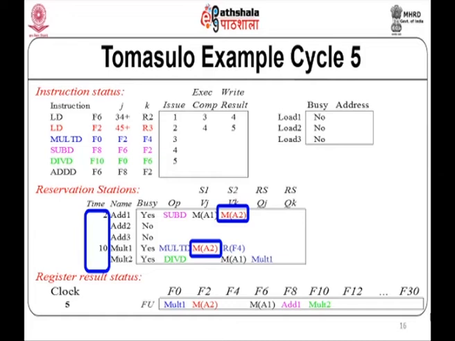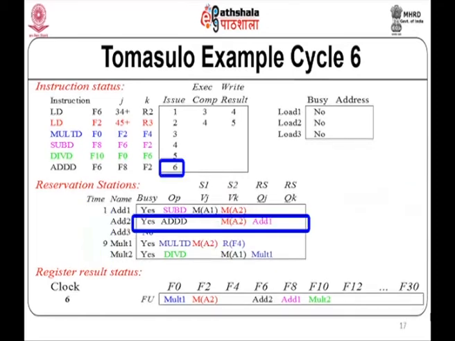Look at the counter that has been indicated here. Because the operands have now become available for the mul and sub instructions, the latencies have been indicated there. Add has a latency of 2 clock cycles and mul has a latency of 10 clock cycles, as indicated in the example. So, the timer now starts counting down for your add 1 and the multiply instruction. By clock cycle 6, both of these instructions have already gone through 1 clock cycle of execution.